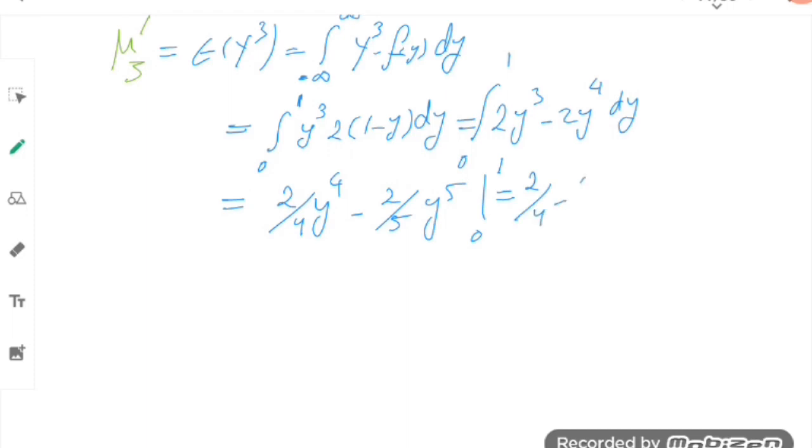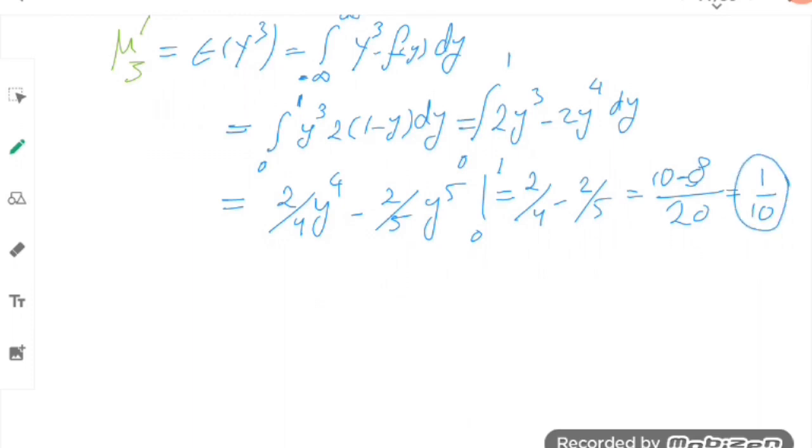If we use a common denominator 20, we have here 20 divided by 4 equals 5 times 2 equals 10, minus 20 divided by 5 equals 4 times 2 equals 8. So this will be 2 divided by 20, which is 1 divided by 10. This is the expected value of y to the power 3.